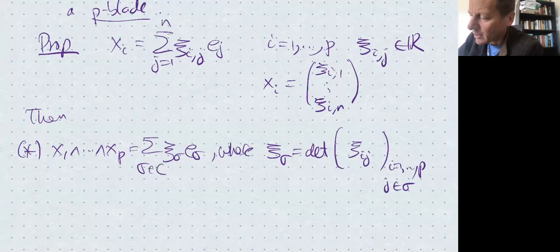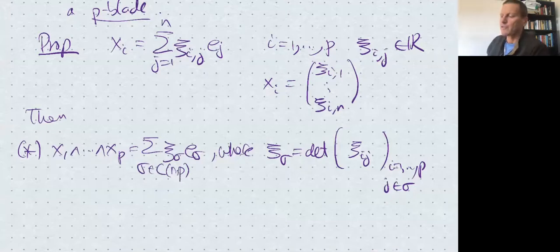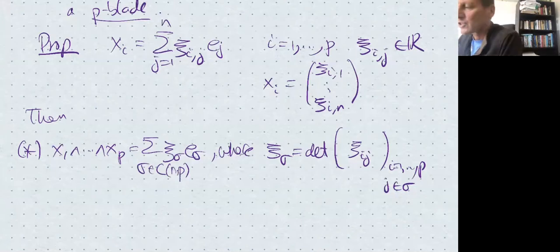I'm only taking multi-indices that correspond to p-vectors, the indices that appear in the multivector. And so I get this p by p determinant expression for the coefficients of these vectors.